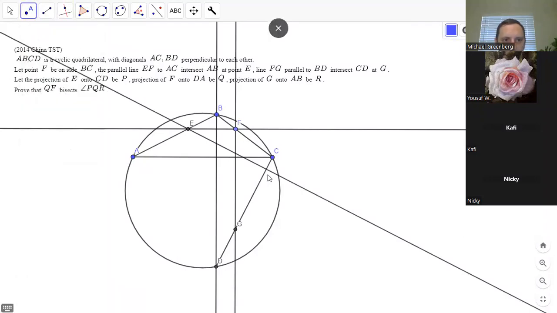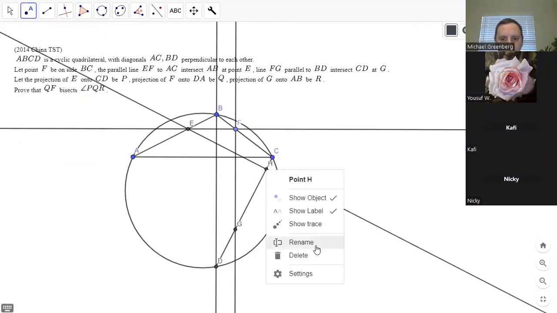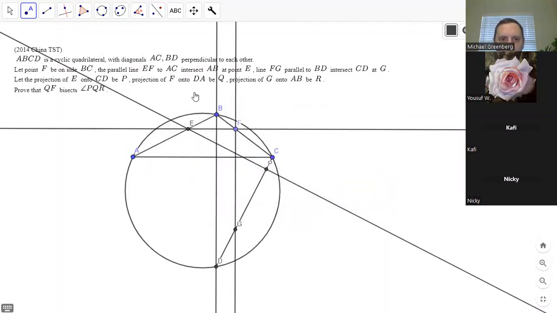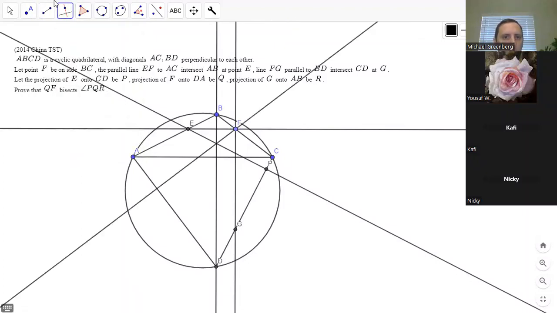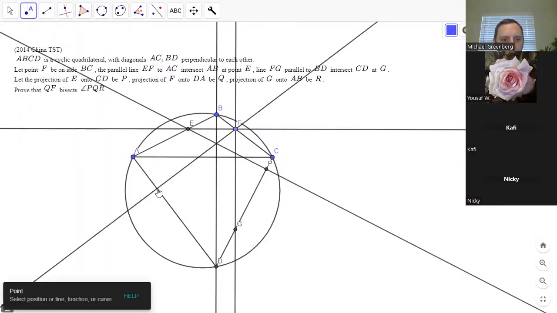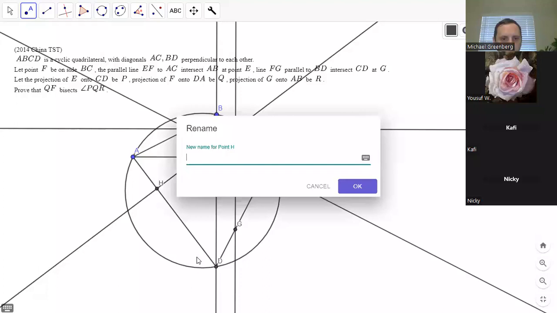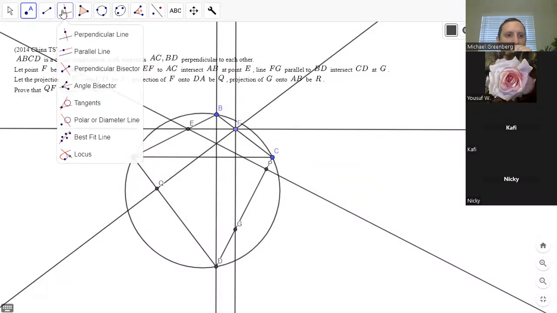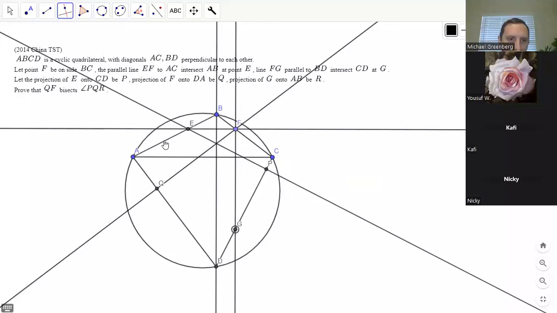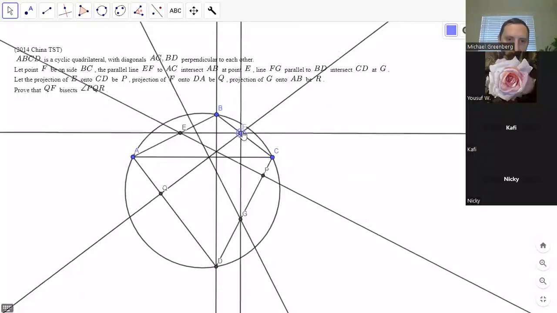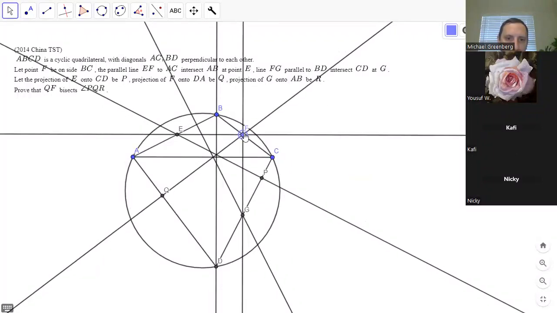Okay, and that's P. And then F onto DA. And that's Q. And G onto AB is R. Oh, and it's interesting that we have all these concurrencies.